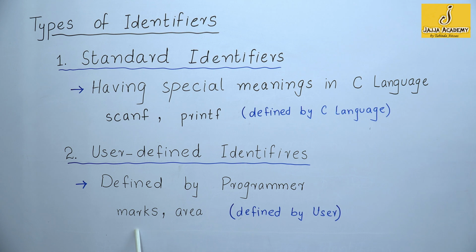As I have defined these variables, they don't have any predefined meanings. The difference between standard identifiers and user defined identifiers is that standard identifiers are defined by C language, whereas user defined identifiers are defined by a user or a programmer. This is the main difference between these two types.